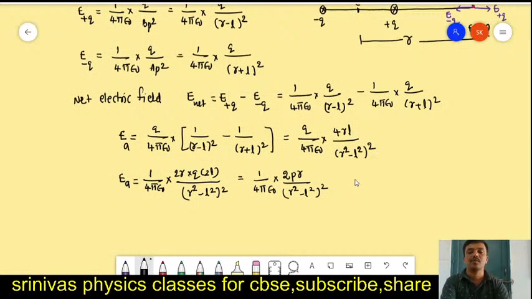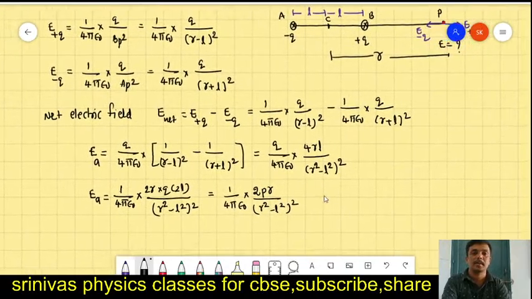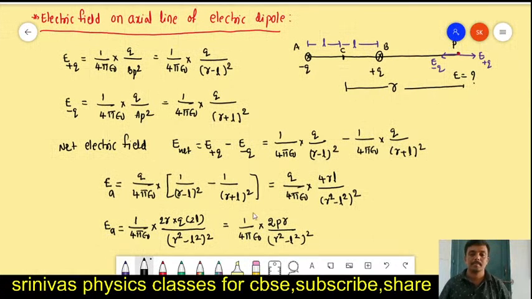For example, if you want to continue this, in case of short dipole, how to write it? I'm going to erase this. If you have any query, write in the chat box. Is it clear, students? Any doubt?